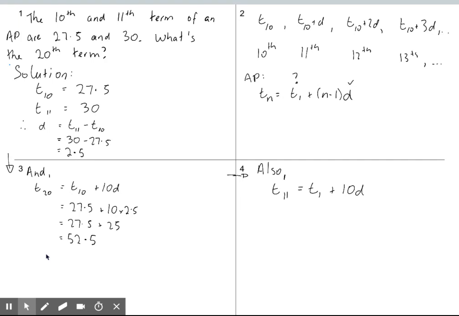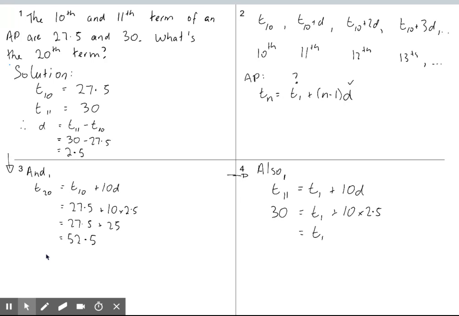Now, the good news about that is, yet again, this is an equation with some stuff I know most of. I know what T11 is. We're told it. I know what D is because I calculated it. So if I substitute those values in, I'm good to go. So T11 is 30. T1 I don't know. But D, we worked out, is 2.5.